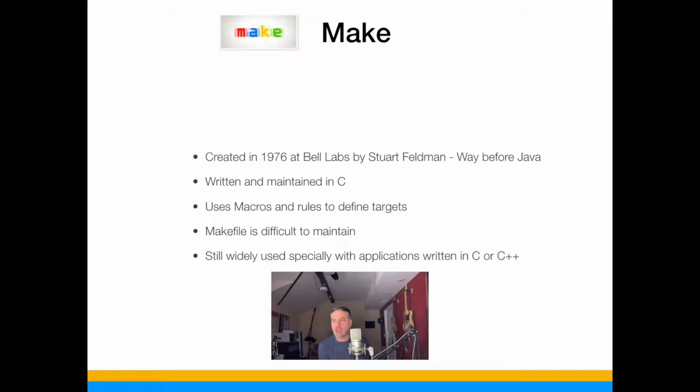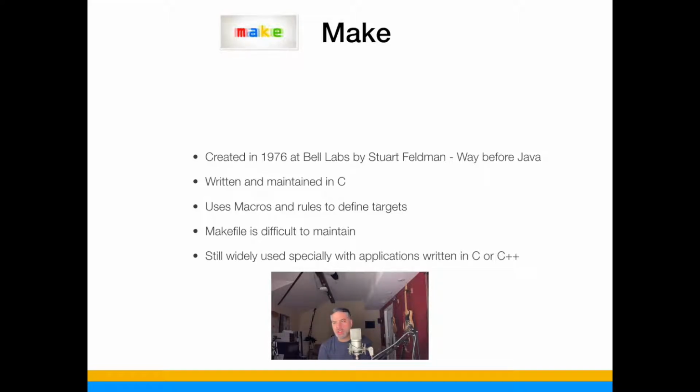Make was created in 1976 at Bell Labs by Stuart Feldman, and it was essentially intended for C or C++ projects. Well, C in that case, because at that point C++ didn't really fully exist. It is written and maintained in C and uses some macros to define rules and targets.